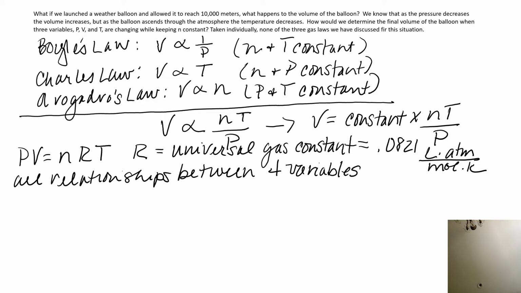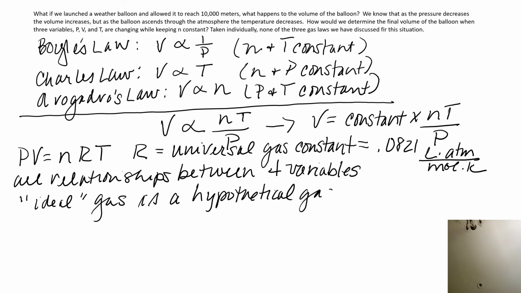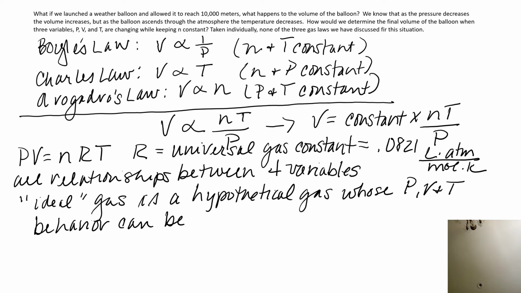So an ideal gas is a hypothetical gas whose pressure, volume, and temperature behavior can be accounted for by the ideal gas law.